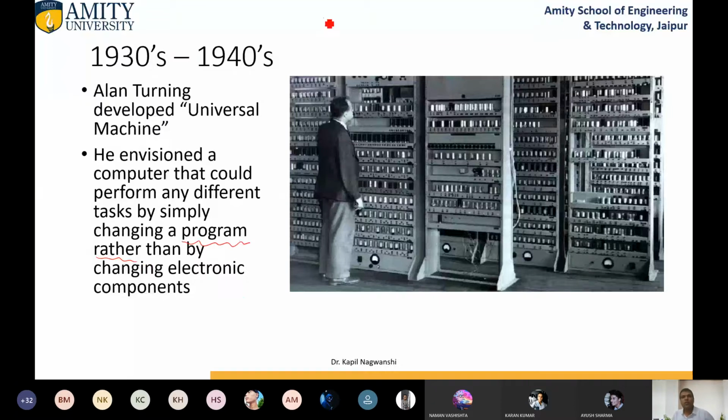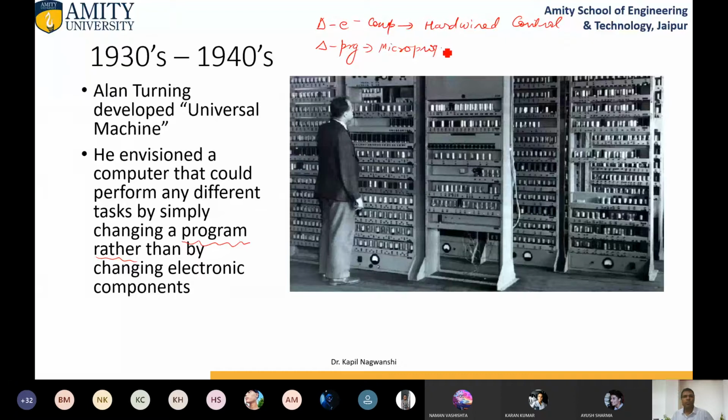When we are changing electronic components, it is known as hardwired control. And when we just change the program, it is known as microprogrammed control.